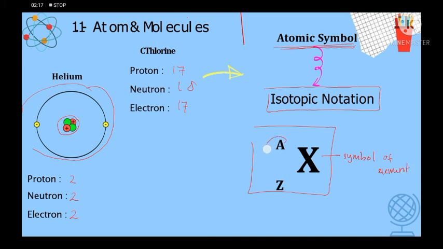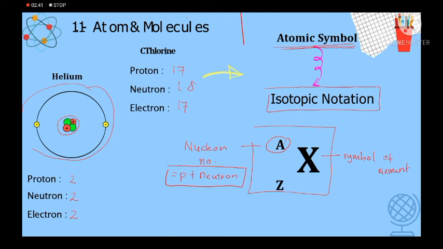Then we have A. A is the nucleon number. What is nucleon number actually? Nucleon number is basically the sum of the number of protons plus the number of neutrons. These two things make up the nucleon.